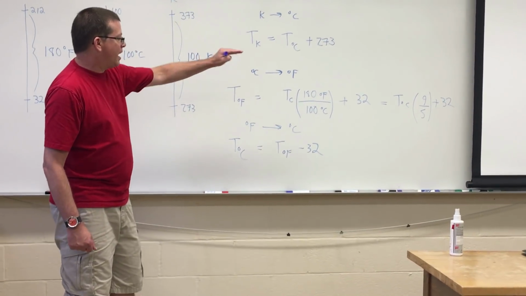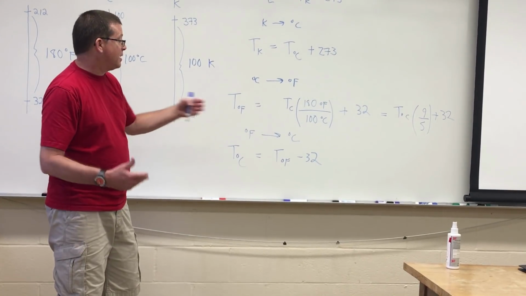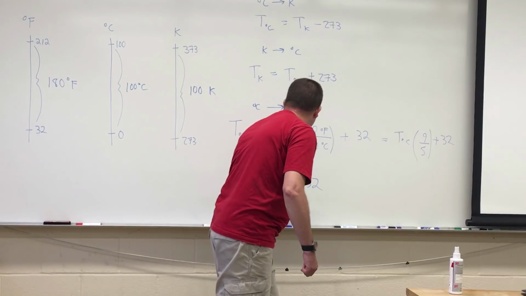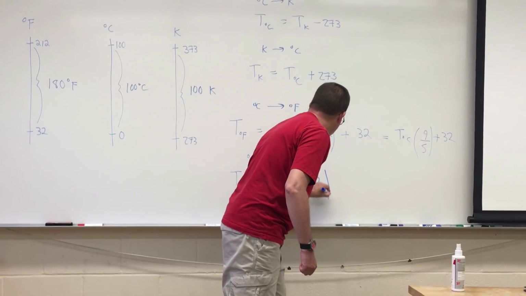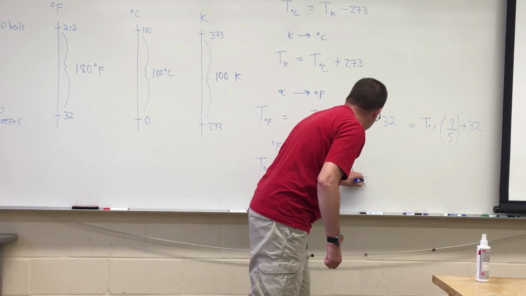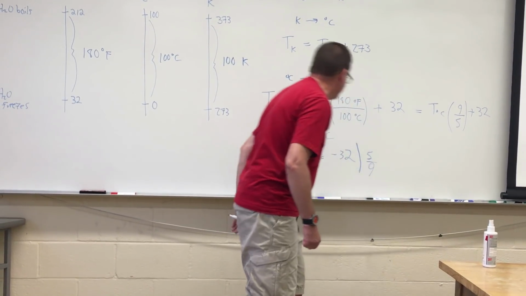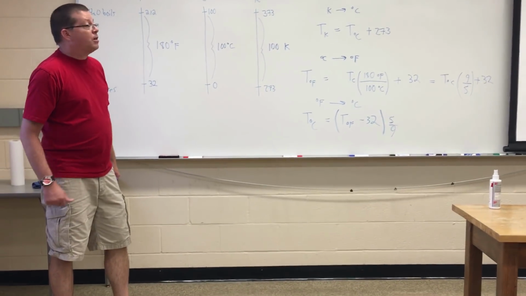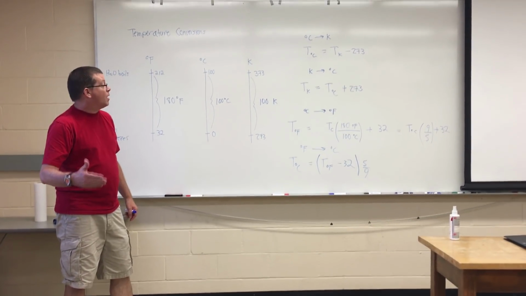Since I'm going to divide both sides by 9/5, that's the same as multiplying the right-hand side by 5/9. So now we end up with an equation that gives us something like this.